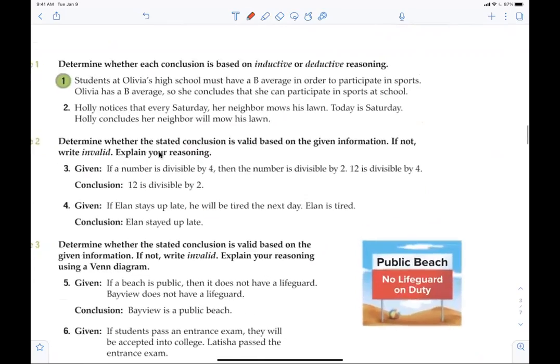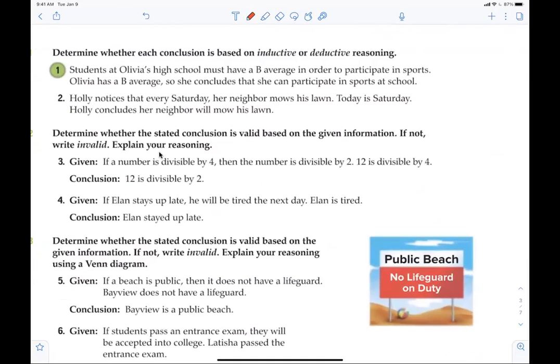So now, if you want, let's look up there. It says, students at Olivia's high school must have a B average in order to participate in sports. Olivia has a B average, so she concludes that she can participate in sports. So determine whether each conclusion is based on inductive or deductive.